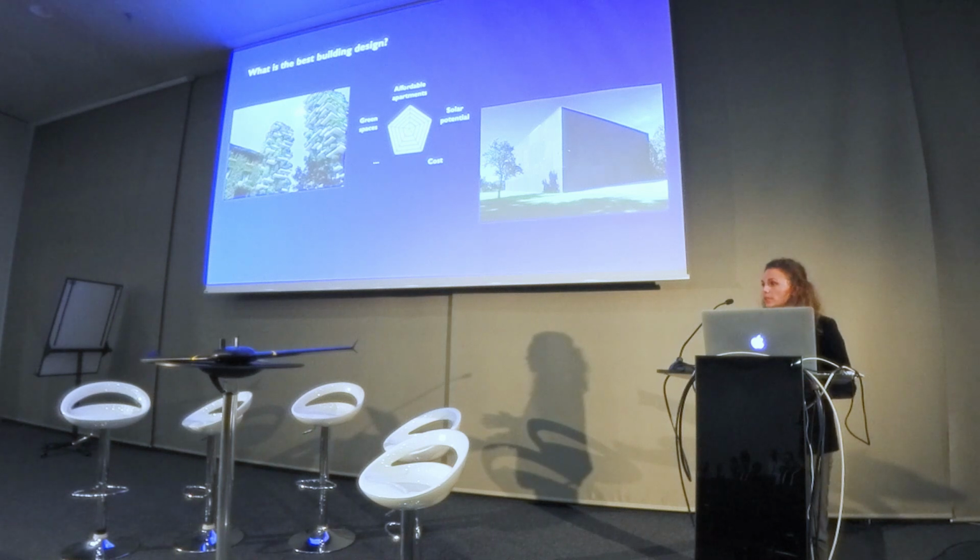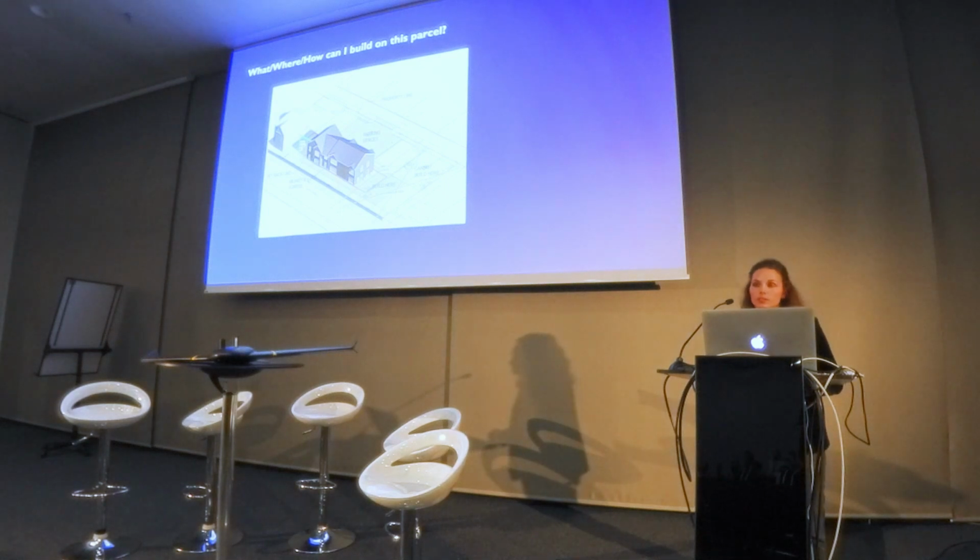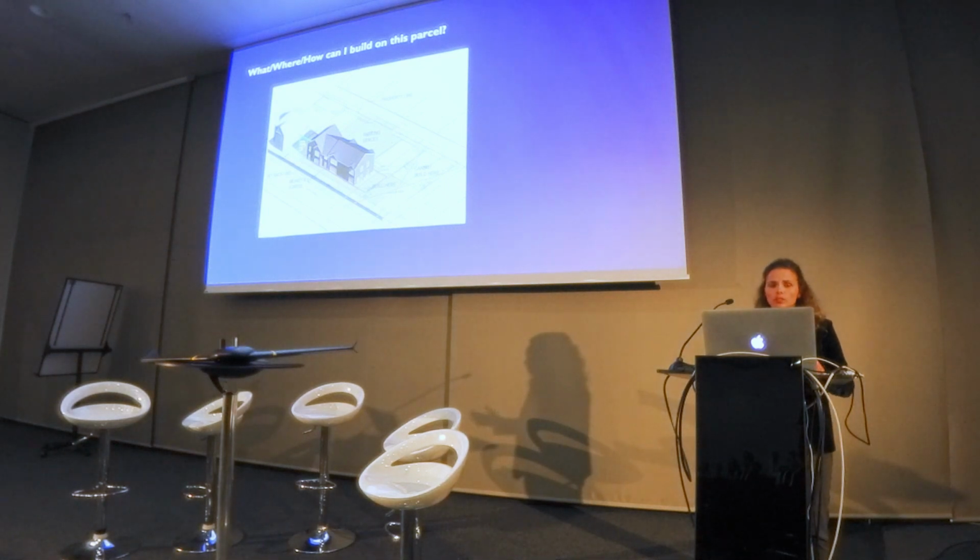But urban planning is not just about specifying the goal or the performance you want your building to achieve. It's also about dealing with zoning regulations. And the zoning regulations basically answer questions like, what is it allowed to be built, where and how?